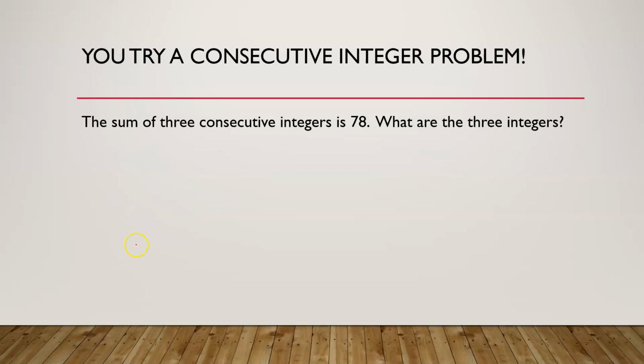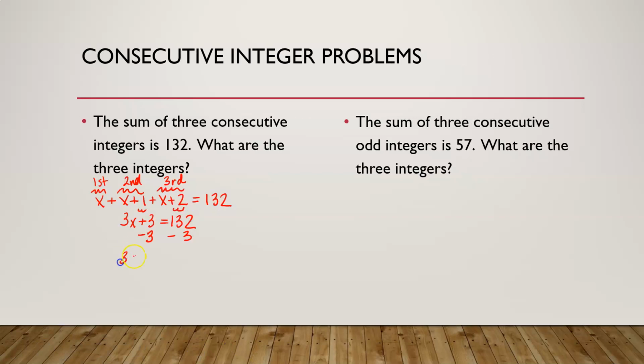So I have 3x equals 129. And when I divide by 3, my first integer is 43. So if you take 43 and add 1, that's 44. And if you add 2 to 43, that's 45. So if you add these all together, they equal 132, and they're consecutive: 43, 44, 45.